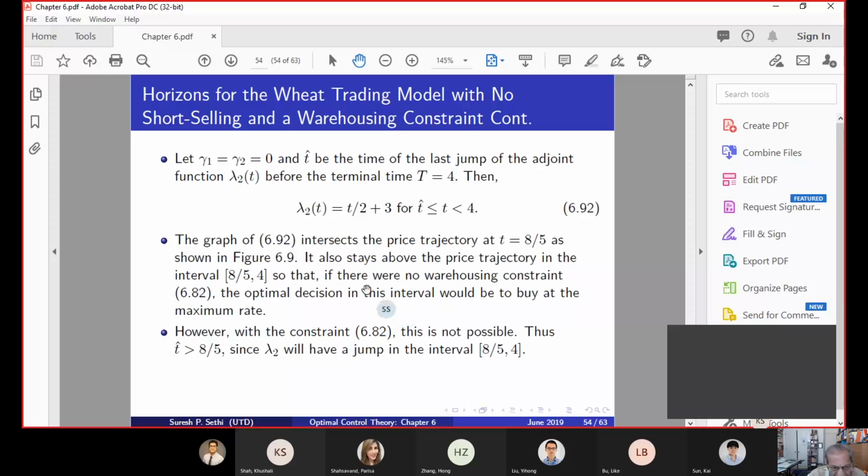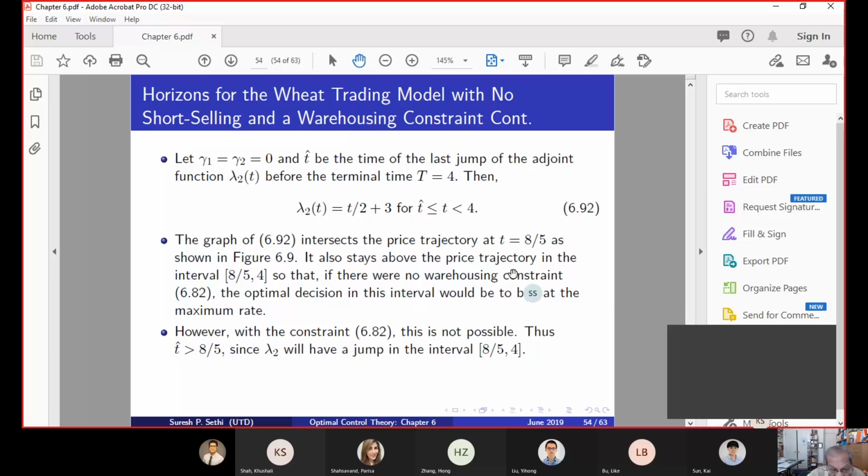So by doing this, I'm now going to go fast. I'm going to get the last jump. The last jump has to be t hat. Then I can solve the problem from there to t hat. So that is the graph that intersects at 8.5. It also stays above the previous trajectory in this interval.